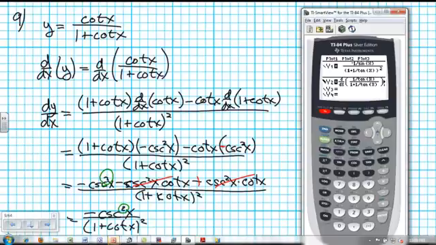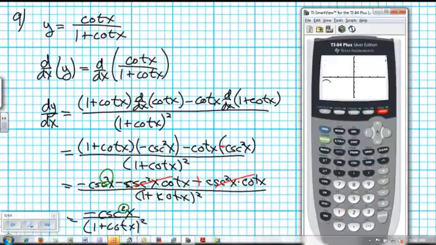So what I need is, in my derivative function, I need to insert a parenthesis there, and I need to square my answer, at least the cosecant part of that answer.